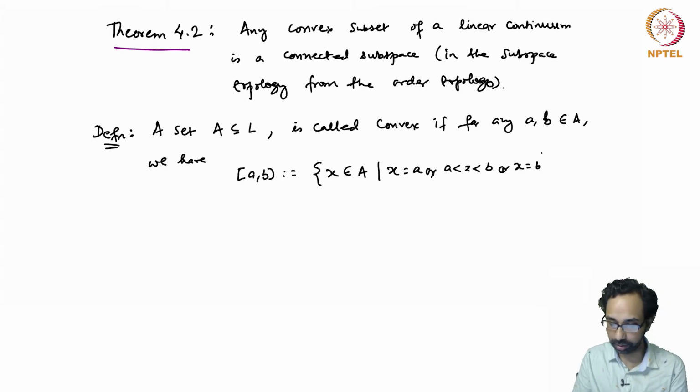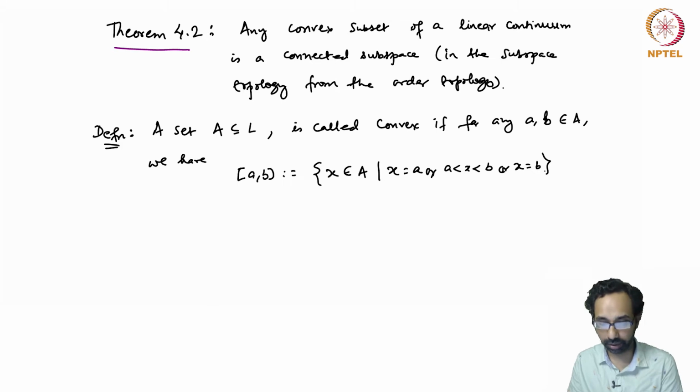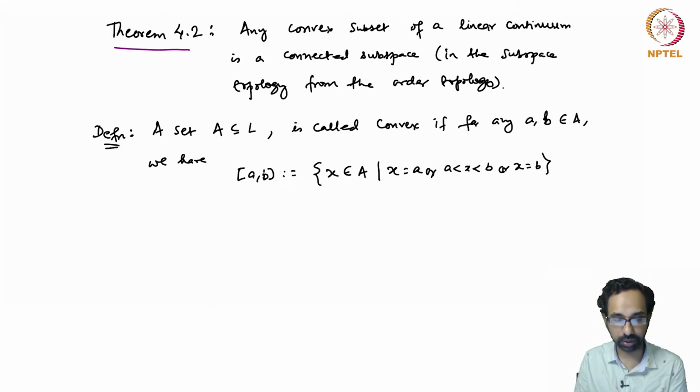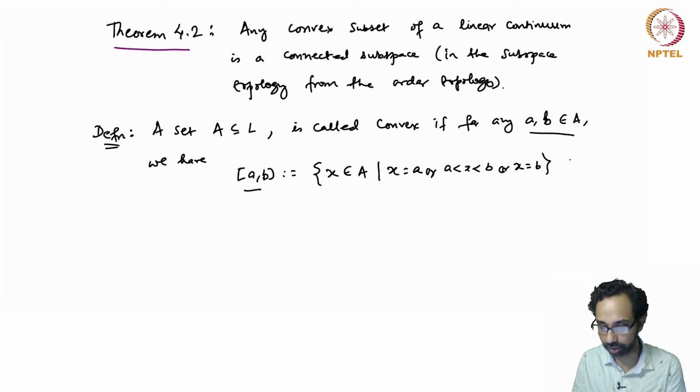So this is the usual closed interval in R, and we have generalized it to a simply ordered set. So for any a, b in A, we have this entire closed interval must be a subset of A.